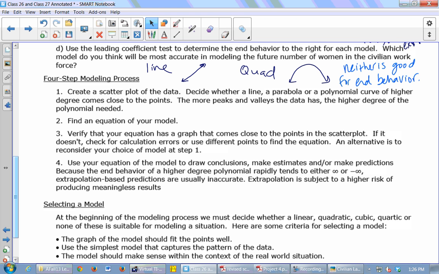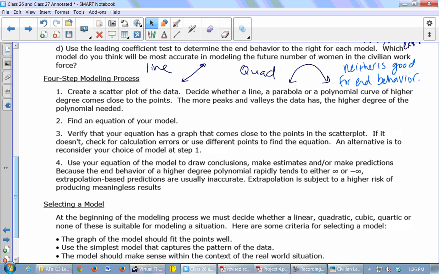Step 3: Verify that your equation has a graph that comes close to the points in the scatter plot. Look at the graph, right? If it doesn't, check to see if you made a mistake, and if you didn't, then maybe go back to step 1 and say, oh, I guess that wasn't a good choice of a model. I'll pick a different polynomial. Step 4 is you can now use your equation to draw conclusions, make estimates or predictions.